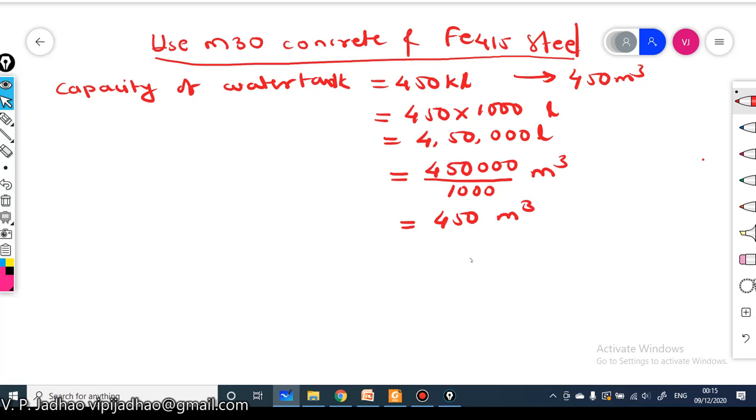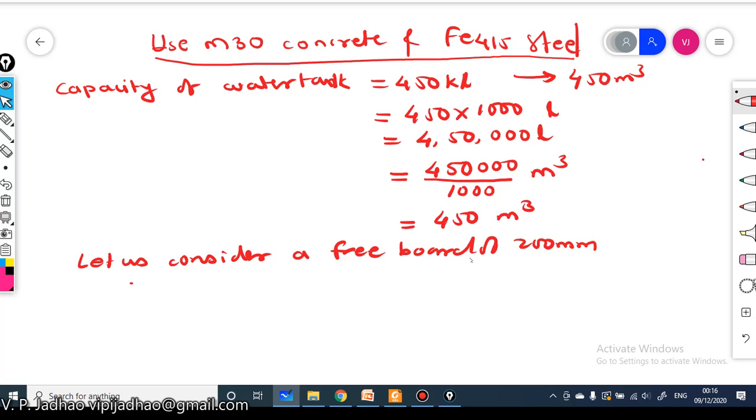Now let us consider a freeboard of 200 mm is provided, and we have been given the depth of the water tank as 4.5 meter.